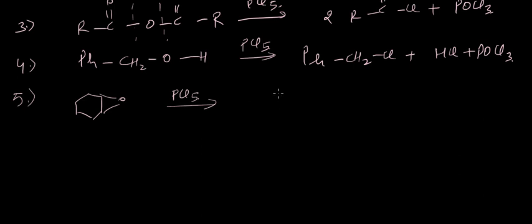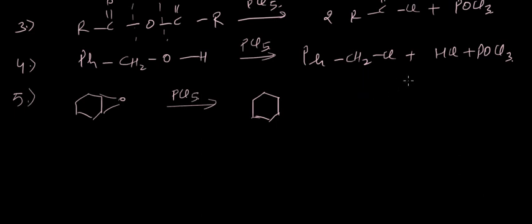Okay, so in this case, what would happen? In the first step, SN2 reaction takes place, and in the next step we will have the R plus formation.